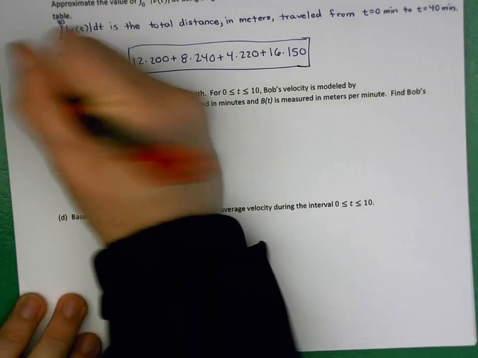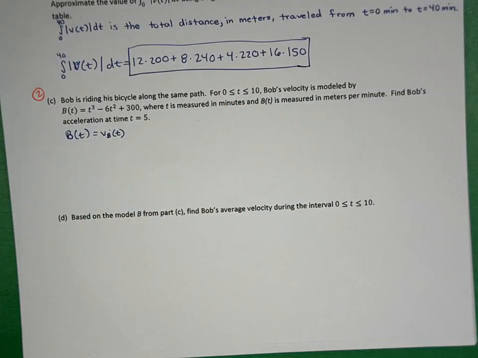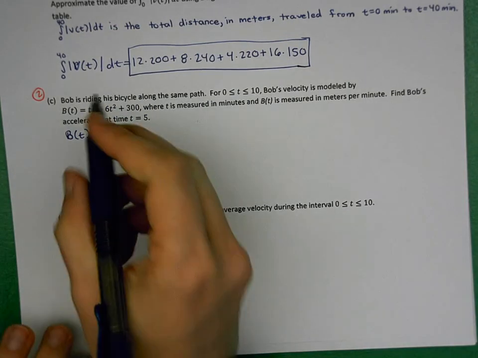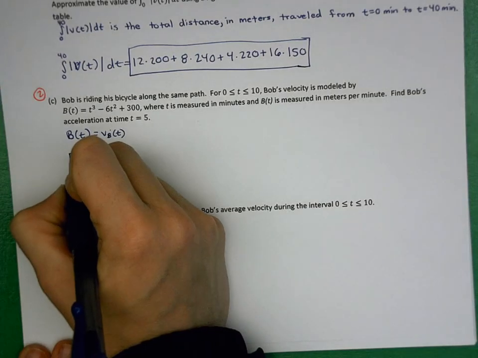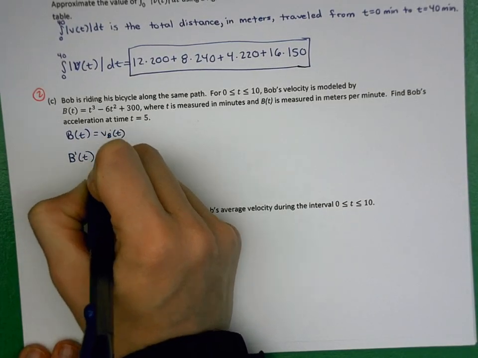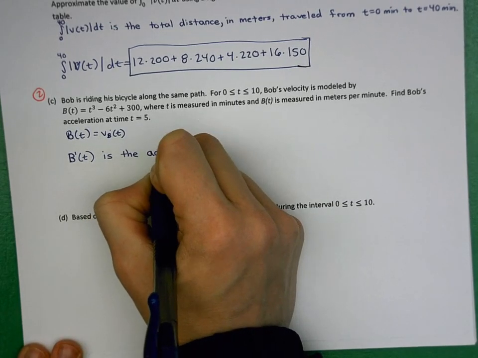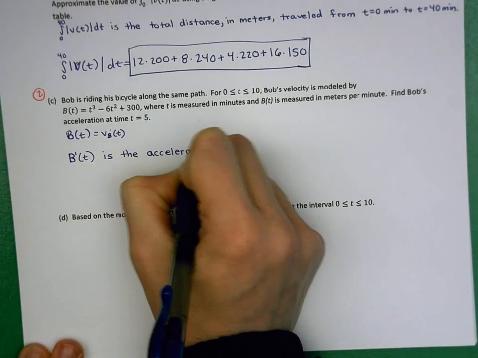First point comes from recognizing how you would find Bob's acceleration, because b of t, remember, is velocity. Well, so b prime of t, if I took its derivative, is the acceleration of Bob.